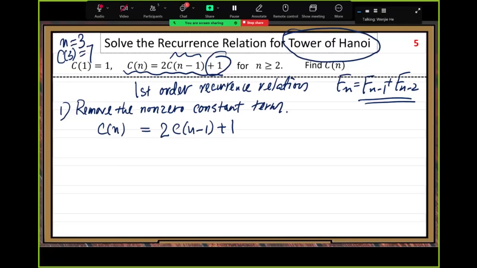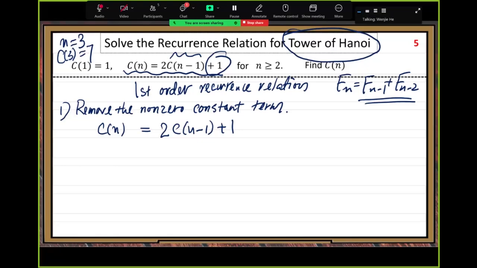So how to do that? Our goal is to make that non-zero constant term disappear. How to make it disappear? When you look at the structure of both sides of the equality, they are slightly different. On the left-hand side, there is no plus 1 term.